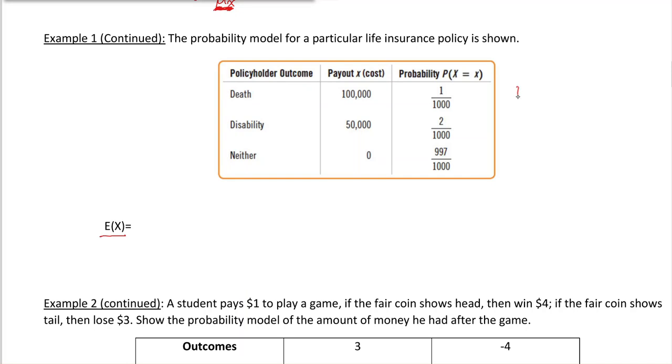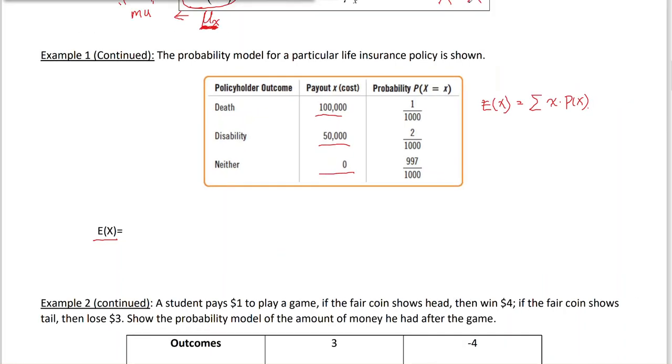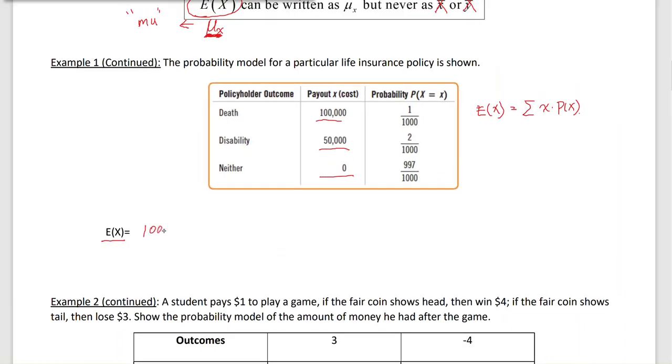We still write down the formula: expected value equals the summation of X times their corresponding probabilities. So we have three possible outcomes. For the first outcome, the value is 100,000, times its corresponding probability, which is 1 over 1,000.